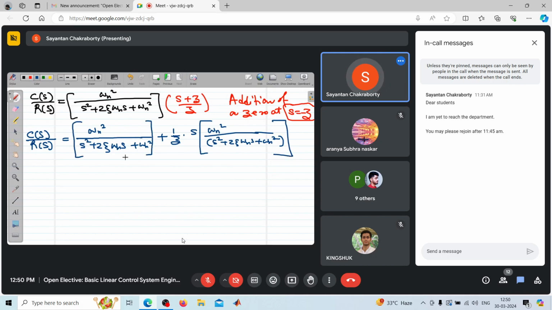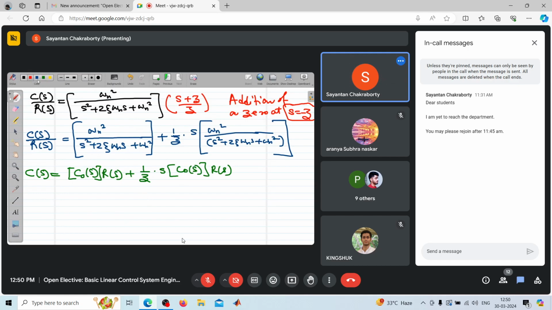See, these two are the same, right? The only thing is that this is multiplied by s. So if we write this down, C(s) is equal to C0(s) R(s) plus 1 by z times s C0(s) R(s).